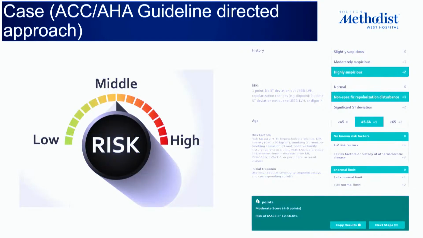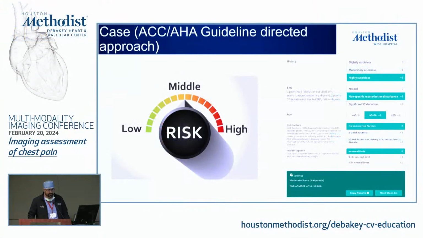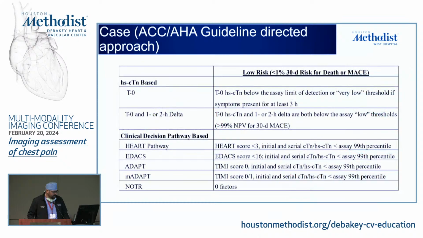So if we calculate it ourselves, I would basically call history moderately suspicious, give a score of 1. EKG non-specific T-wave changes, 1. Age 45 to 64, that takes 1. Risk factors 1 to 2, risk factors 1. And then troponins, which are normal, 1. So it is still at the intermediate risk, which is basically 4 to 6.